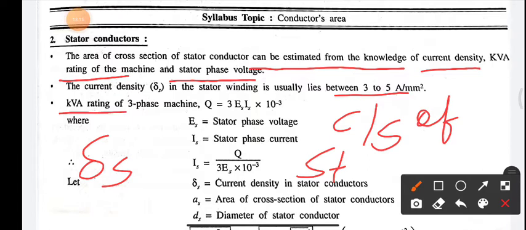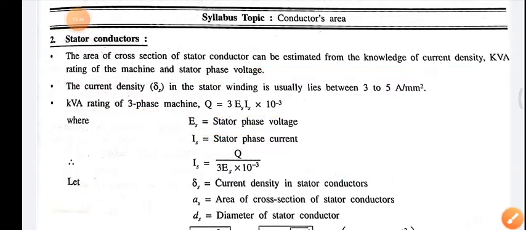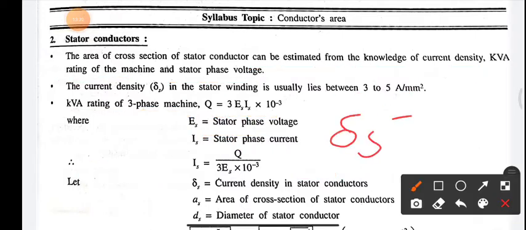And the kVA rating of the three-phase machine is given by Q is equal to 3 ES IS into 10 raised to the power minus 3. Now ES is stator voltage per phase, IS is stator current per phase. Now if we want to find current density, we all know that current density is nothing but current upon cross sectional area.